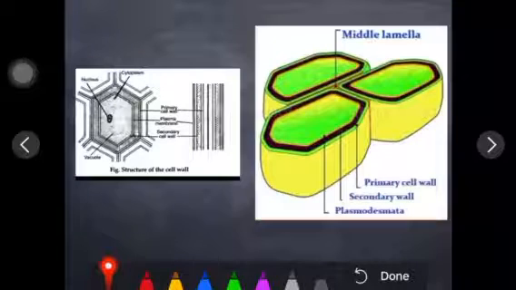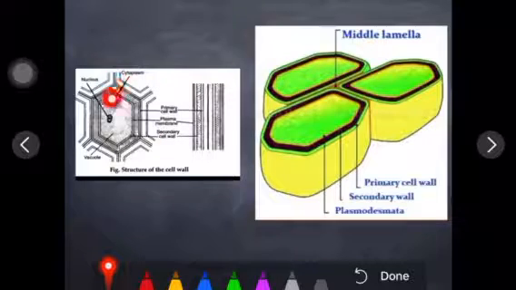Now look at the cell wall. Cell wall, as you are aware, children, is green in color. The cell wall is found in plant cells. Fine. So here in the first diagram, this pentagonal or hexagonal structure denotes the outer structure of the plant cell, right?